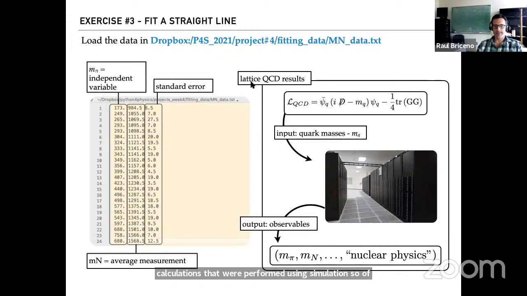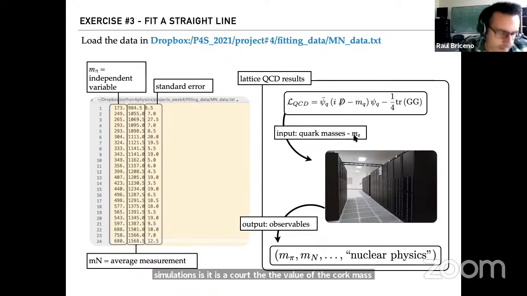These are referred to as lattice QCD, meaning quantum chromodynamics. And what is done is that the dynamics of quarks and gluons are put into supercomputers, and the only variable that needs to be tuned or introduced in the simulations is the value of the quark masses.